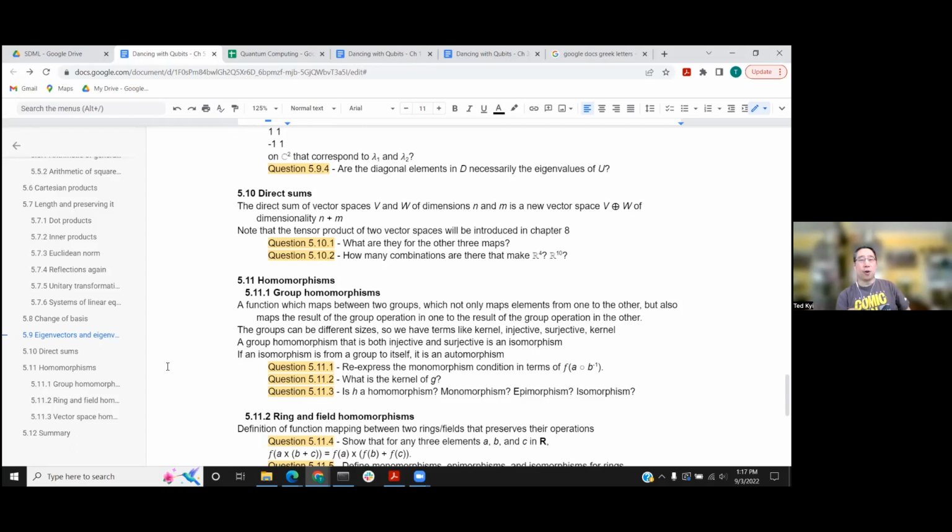Okay, so these are two ways you can smush vector spaces together, and we are definitely going to use the n times m tensor product later on. I don't know if we're going to use this or if it's just a nice stepping stone before we get to the tensor product. Thanks for the thumbs up, Crystal.